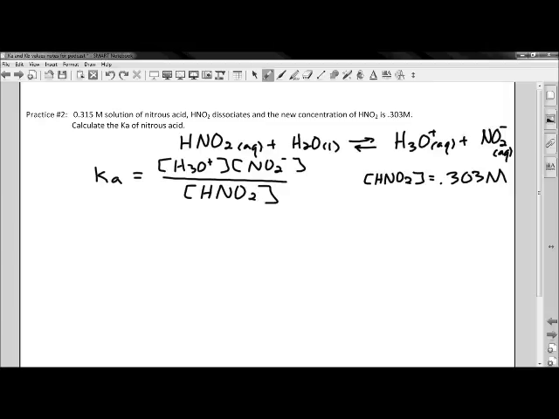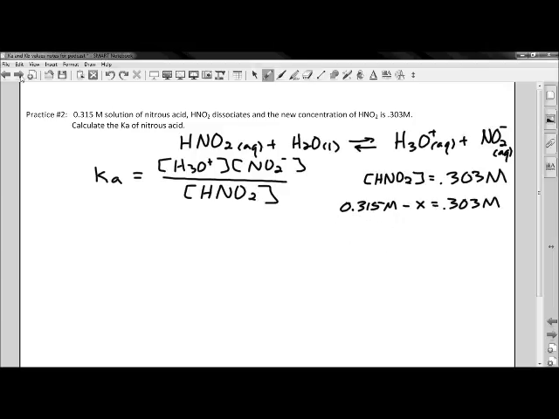Well, if you remember back to the last one, to find the new concentration for our reactants, what we had to do is take the original concentration minus the hydronium ion concentration. Well, we don't have the hydronium this time, but they did give us the original 0.315 molar. We don't know how much it broke into, but we do know that we end up with a 0.303 molar solution. So we can easily solve for this. We can add x over to the other side and subtract the 0.303 over, so 0.0... oops, not 0.0.